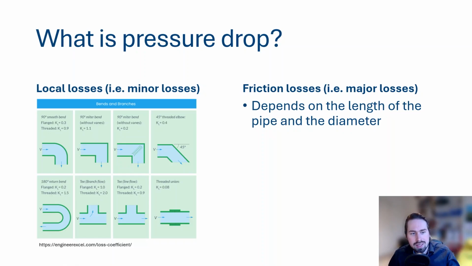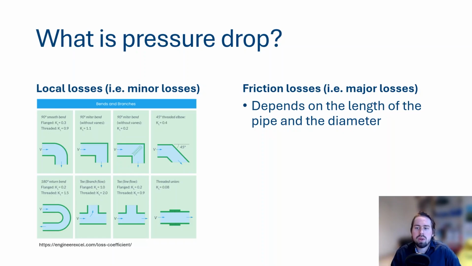So this is a worse situation than the first one. So this is everything related to local losses. There are tables you can find just like this one with all the different factors there. On the other hand, you have what's called friction losses, also called major losses.